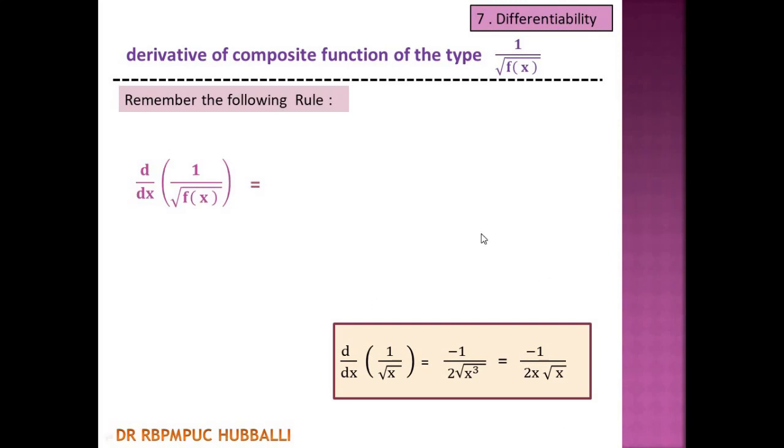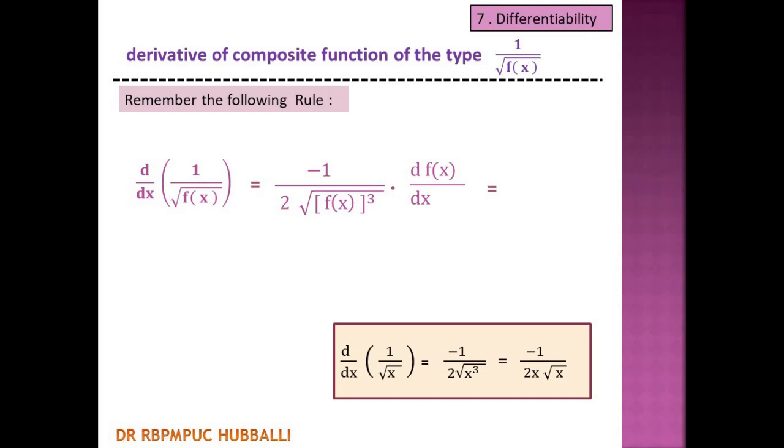See here, the derivative is given by minus 1 by 2 root function whole cube. Here, following this standard form, keeping the function as it is, now into d by dx of the function. I hope you understood.